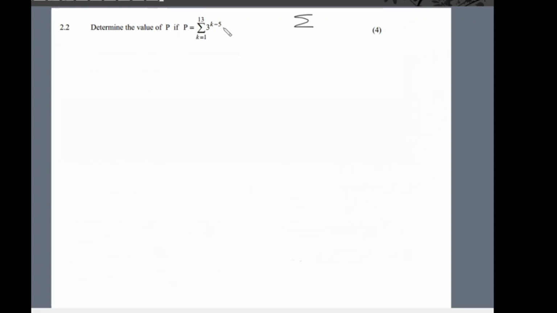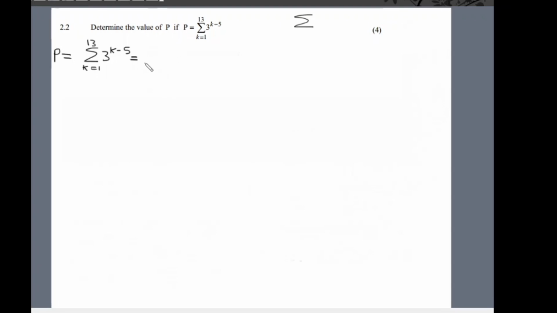Let us break this down. So p is equal to the summation from k equals 1 to k equals 13 of 3 to the power k minus 5. Now we break it down.